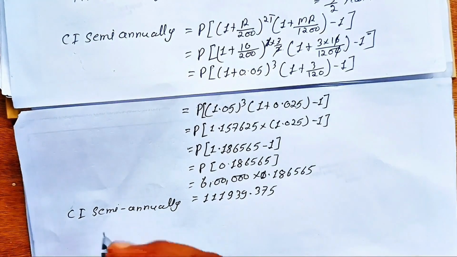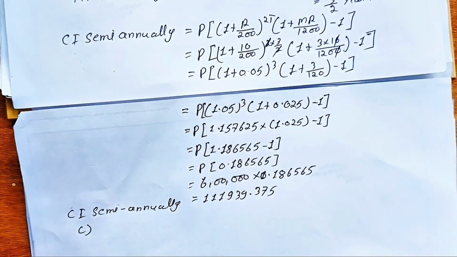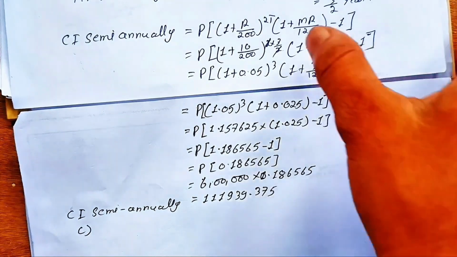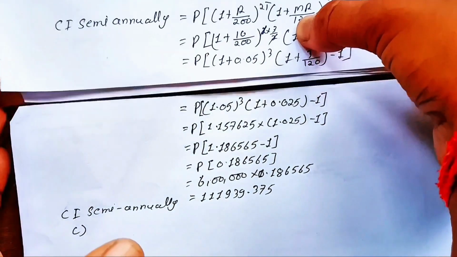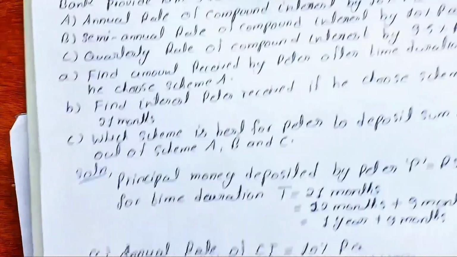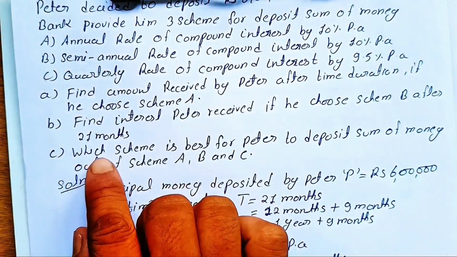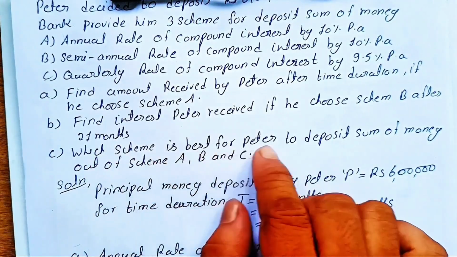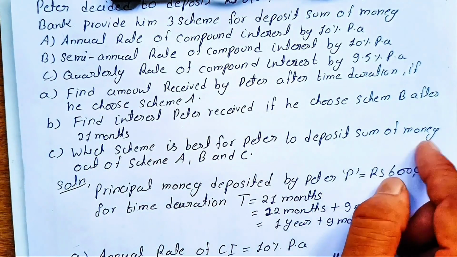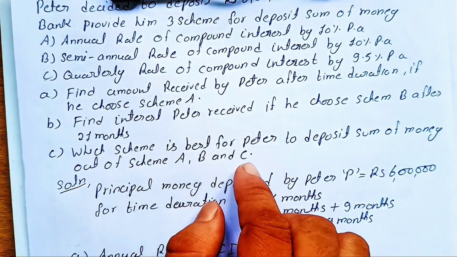Now again in C section, what is the question asking? In C section, which scheme is best for Peter to deposit the sum of money out of ABC?